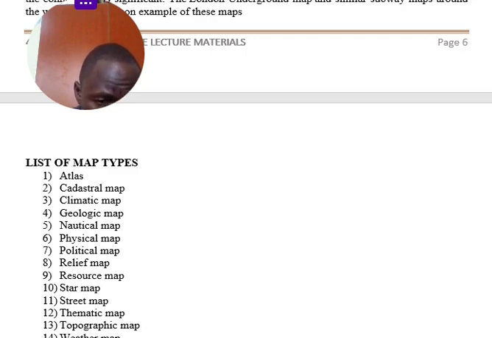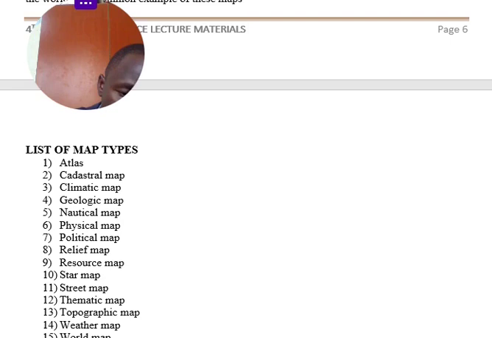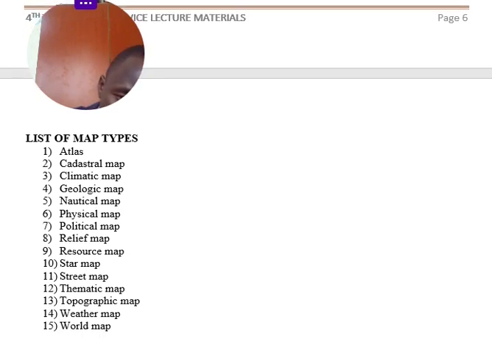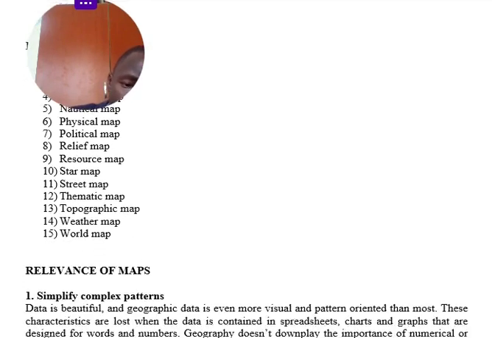Then you have the physical and political maps, which talk about relief, the general appearance, and resources, those that have lakes and rivers. Then the star maps, which show features within space. Then the street maps, which show roads and other means of transport. Then thematic maps, graphic maps, weather maps, and also the world maps.